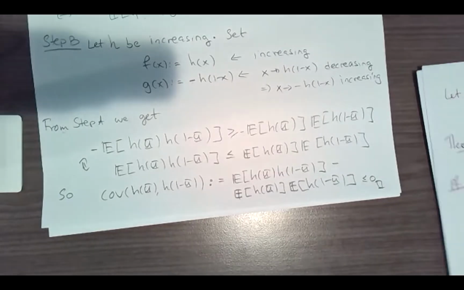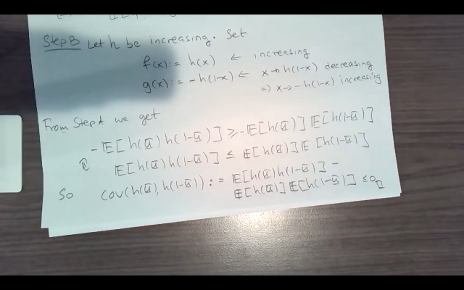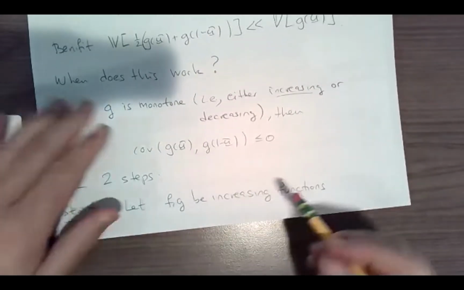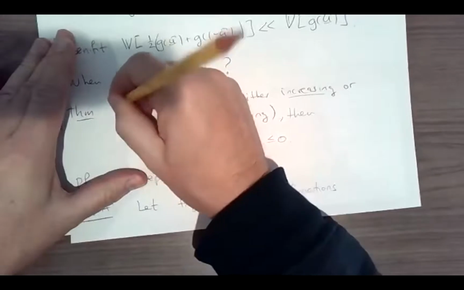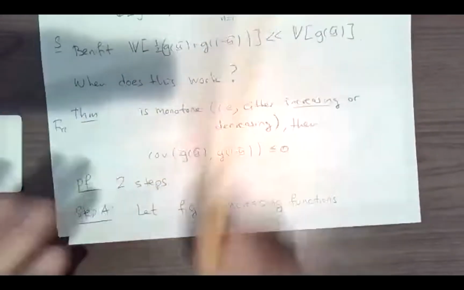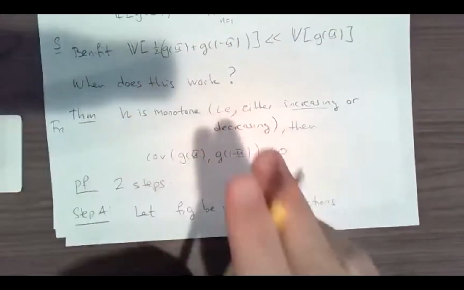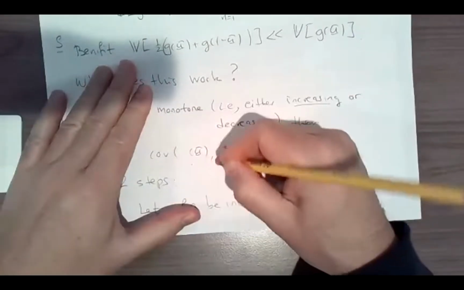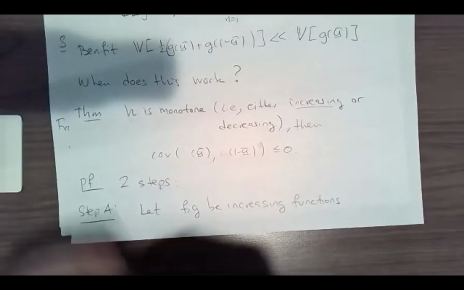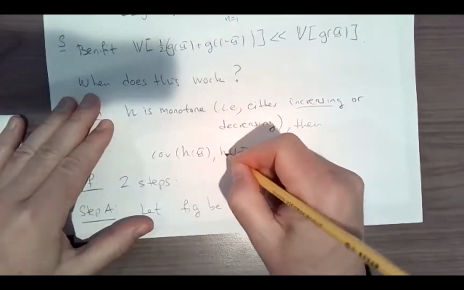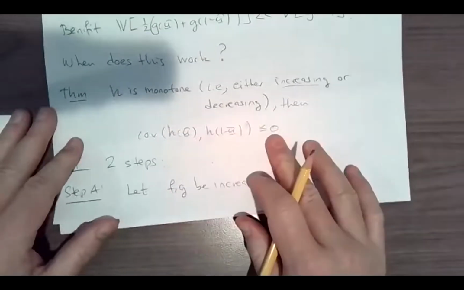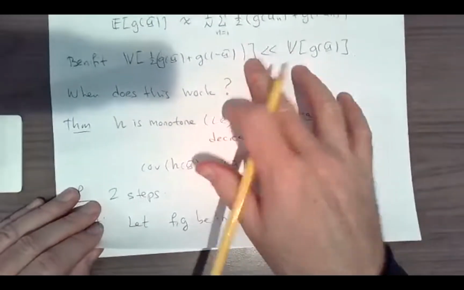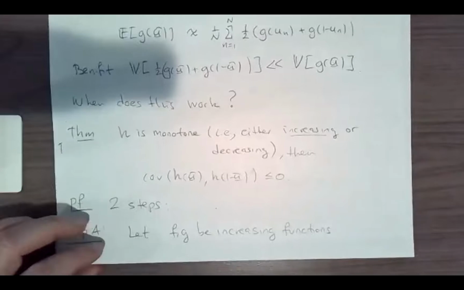And that was the claim, that if I took a monotone function, maybe I shouldn't call it g here, maybe I should call it h, because that was what we proved it for. So let's put the h here. So then the covariance between these two drops, and you get this variance reduction that we talked about last time.